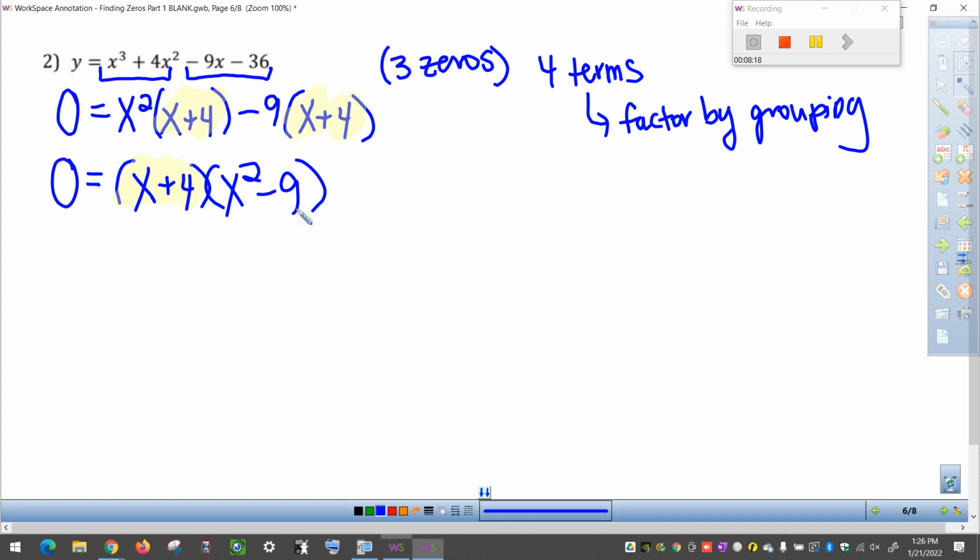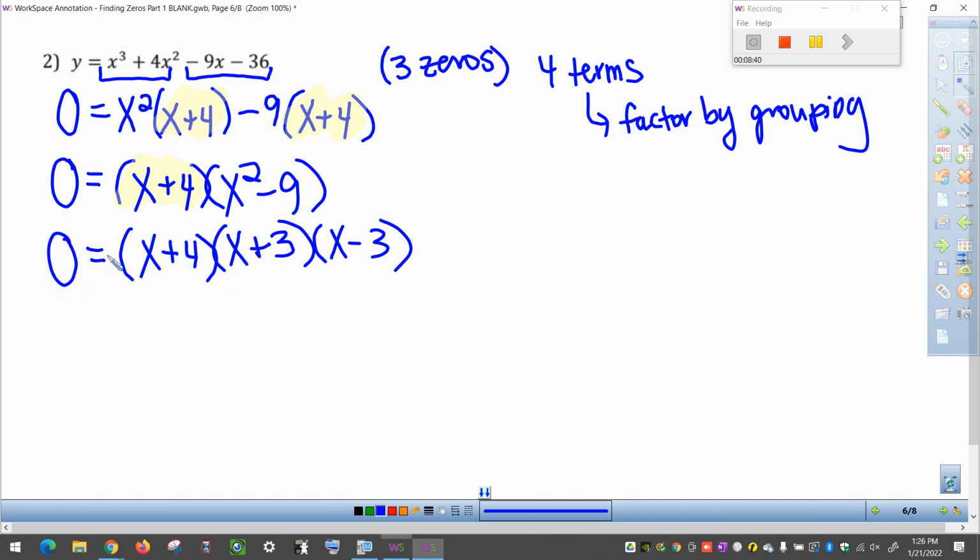All right, now let's look at x squared minus 9. It is subtraction, and so it is a difference of squares. Let's go ahead and factor that further into x plus 3, x minus 3. You're going to keep the x plus 4 where it is at the very front.